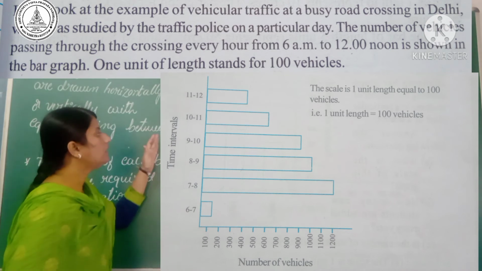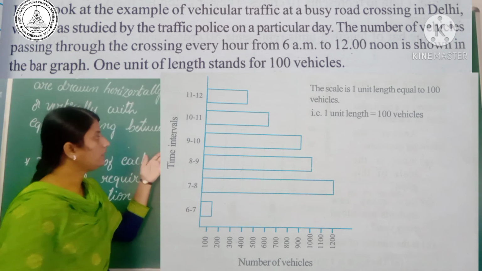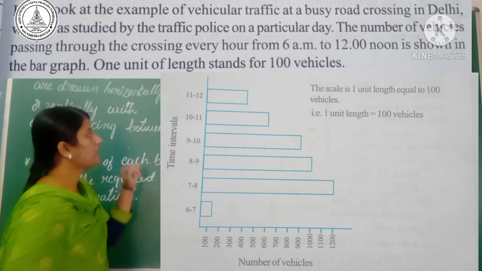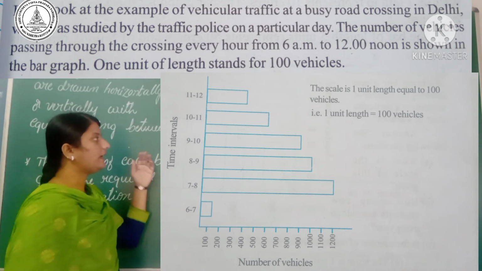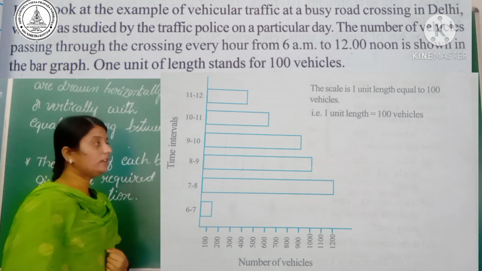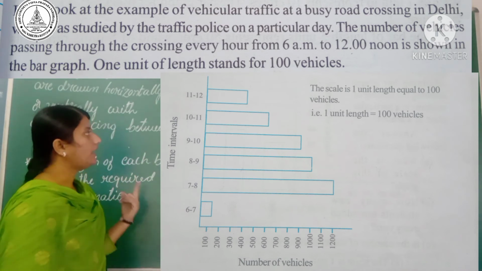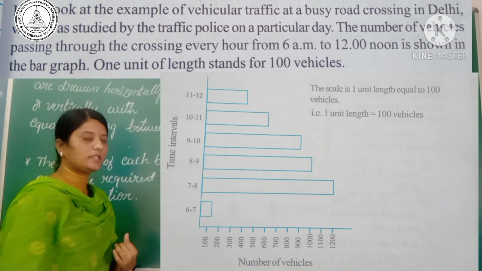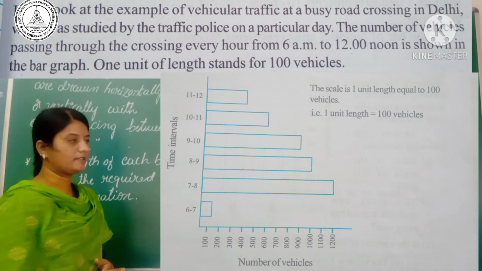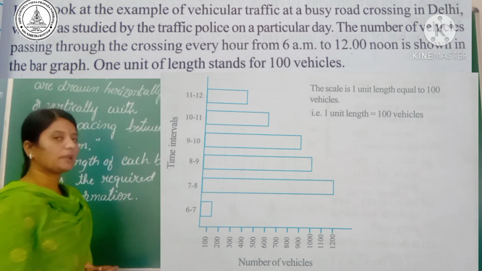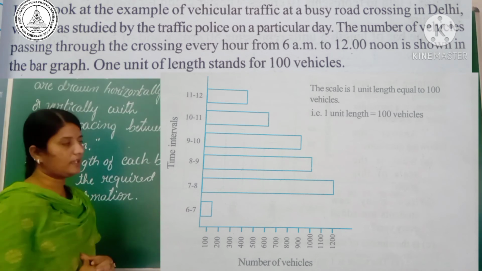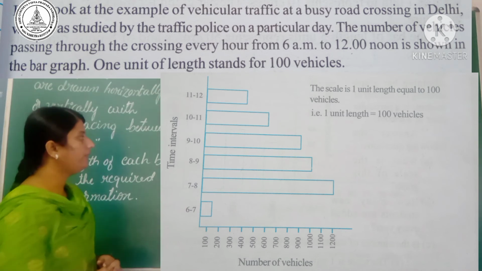In the time 8 to 9 o'clock, we can see 1000 vehicles, and at 9 to 10, 900 vehicles, and 10 to 11 o'clock 600, and 11 to 12 o'clock 400 vehicles.